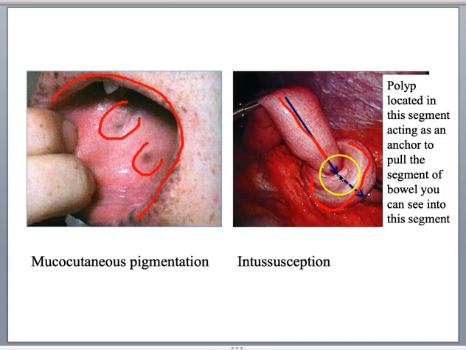The dotted arrow is supposed to represent this segment of bowel that's going into this other segment. The polyp that's located in this segment, which you can't really see, acts as an anchor to pull the segment of bowel that you can see into that lower segment. That's called intussusception.